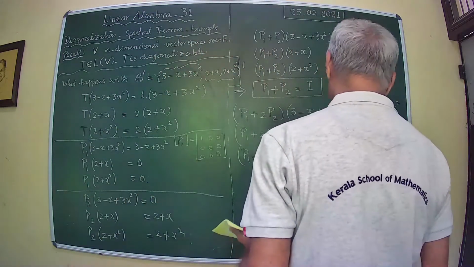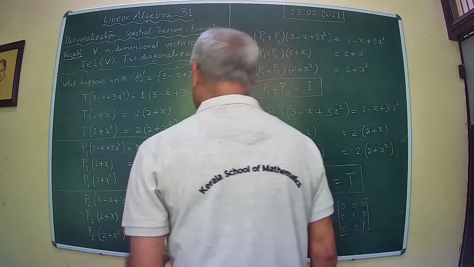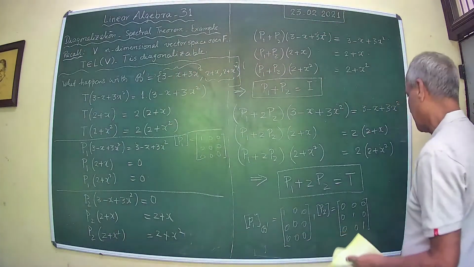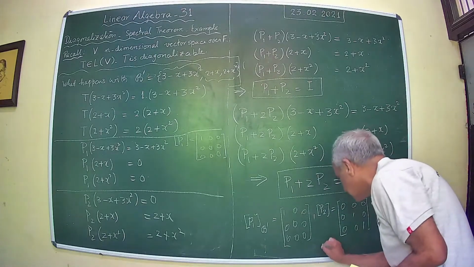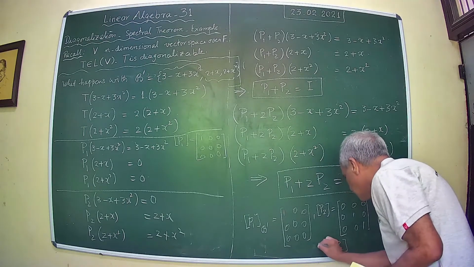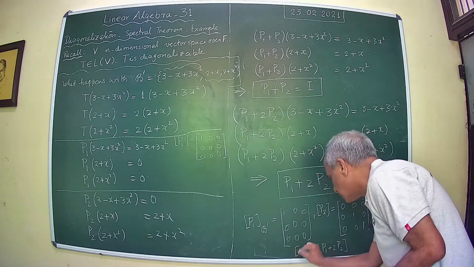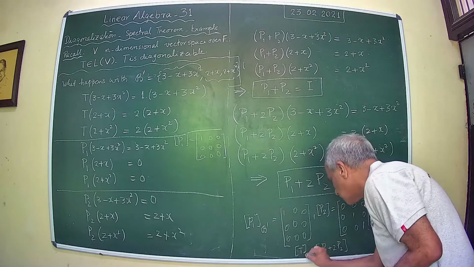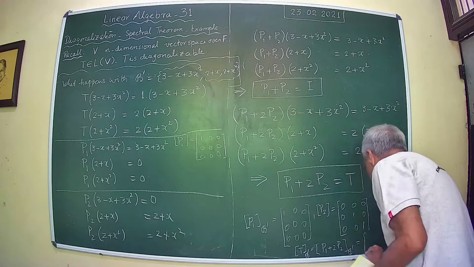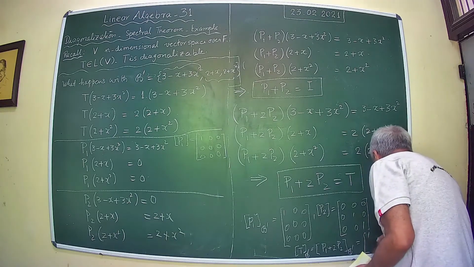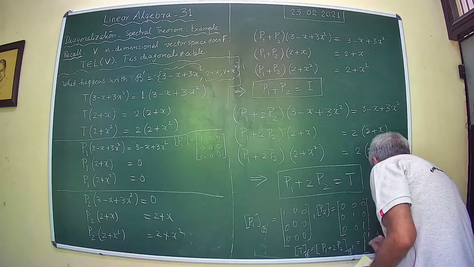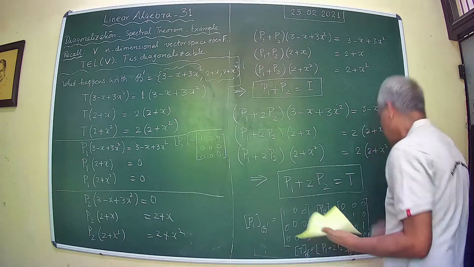What is the matrix representation for P1 plus 2 P2? In B prime, this is equal to 1, 2, and this is the diagonalization.